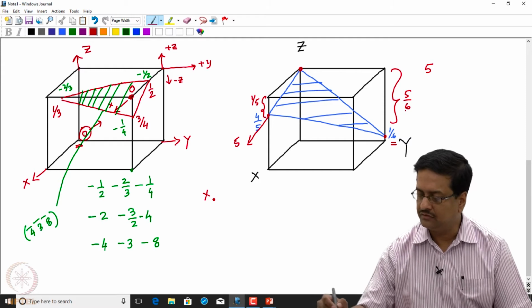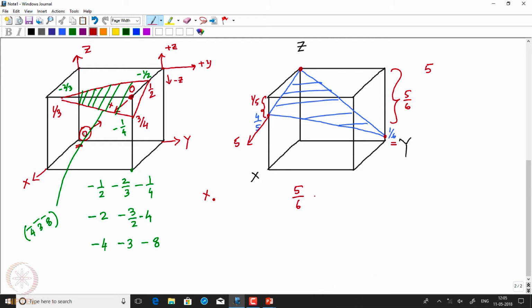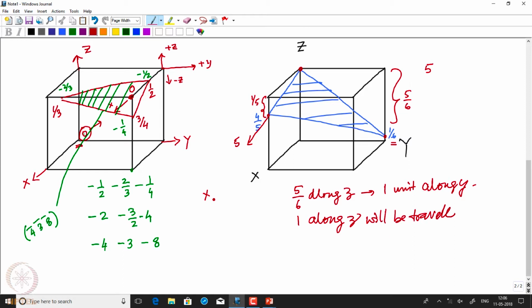So, if it has come down 5/6 along z while travelling 1 unit along y, then 1 along z will be travelled in 6/5 unit along y.